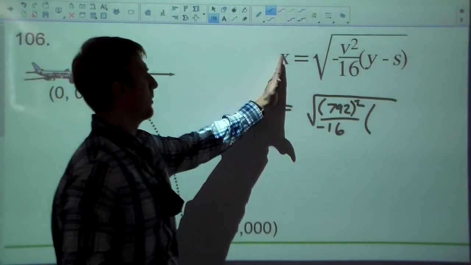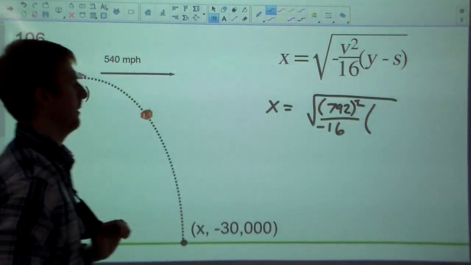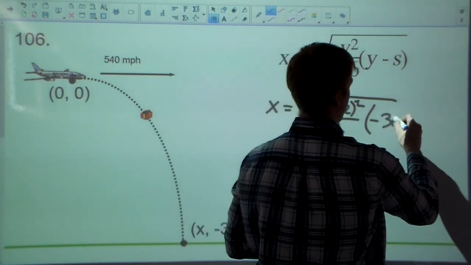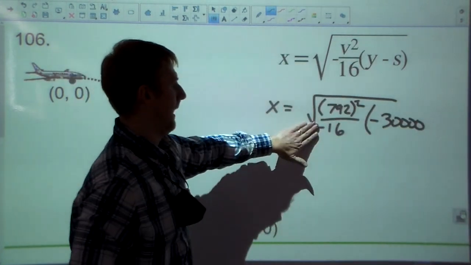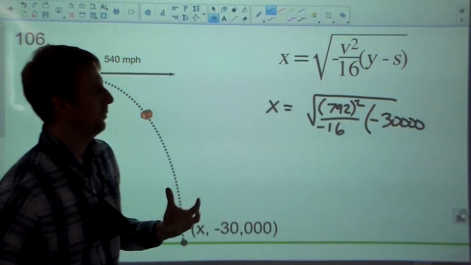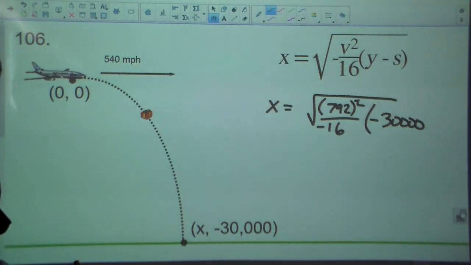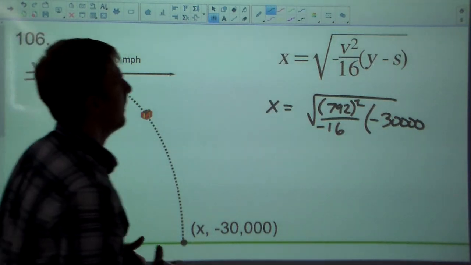I want to see how far it traveled horizontally, and then this will be how far it traveled vertically. But we do know it fell 30,000 feet, so negative 30,000. Now that negative is really important there. This term's going to be negative. That's going to be negative to give me a positive number to take the square root of. Otherwise, it's complex, and it's not something we can even see in the real world.